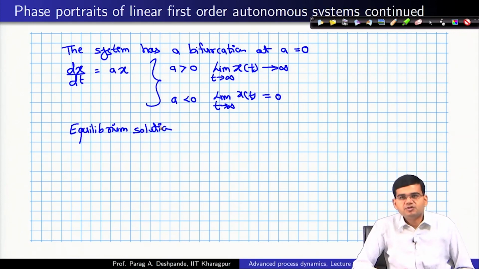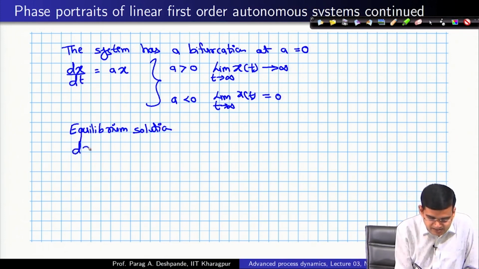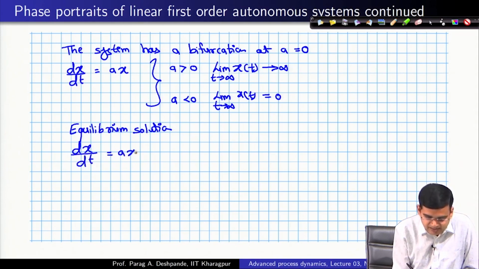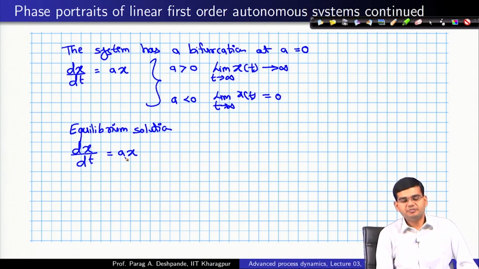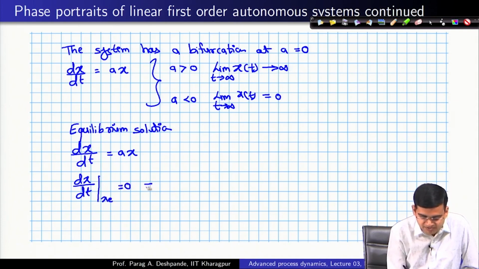Okay. So, equilibrium solution is a solution at which the gradients in the system become 0. So, if dx by dt is equal to a x, then we determine the equilibrium solution by setting dx by dt at x equilibrium equal to 0, which means a x is equal to 0, which means that x e is equal to 0.